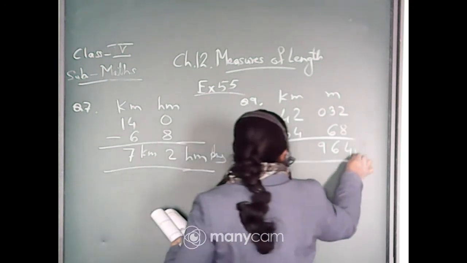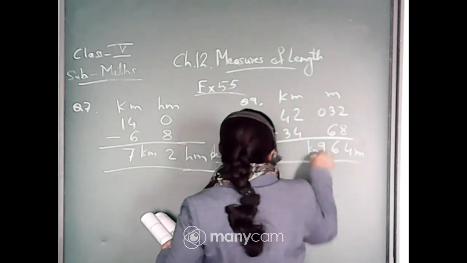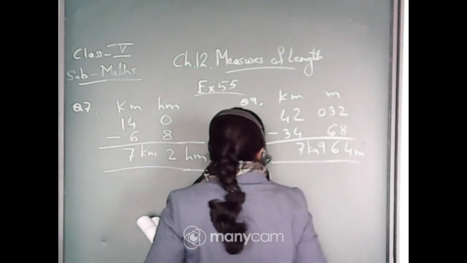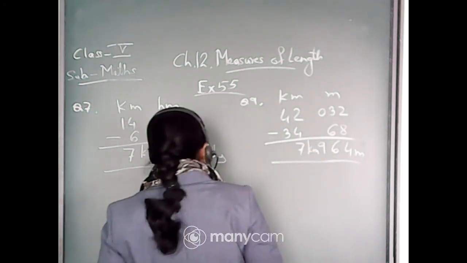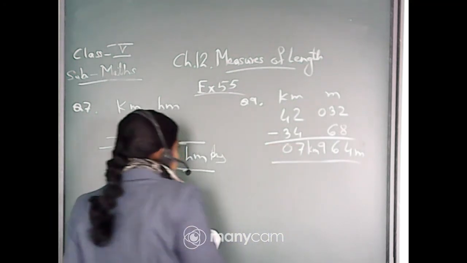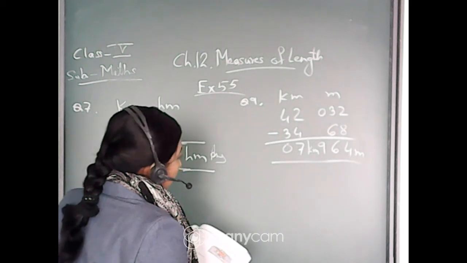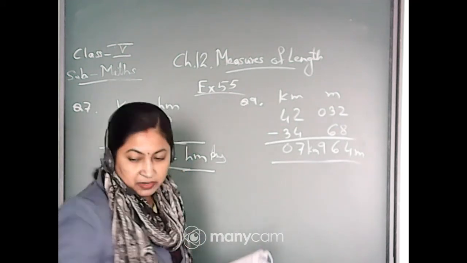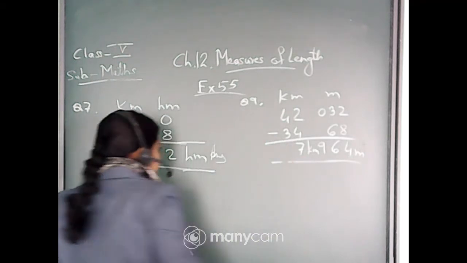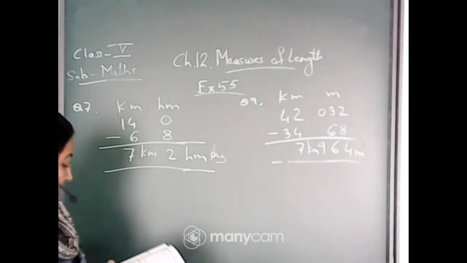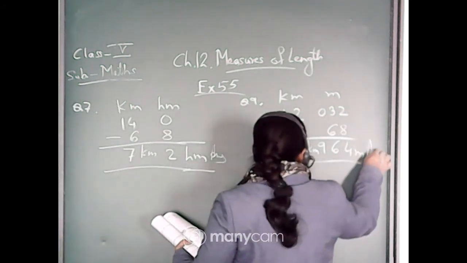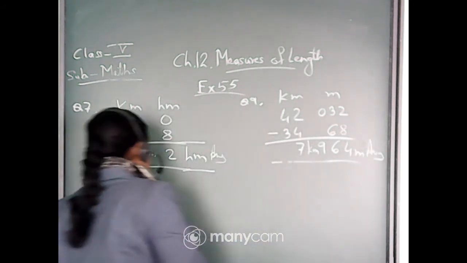So this is for meter, and for kilometer you are getting 7. Here you are getting 0, so leave it, or you can write it. So the answer is 7 kilometer and 964 meter.